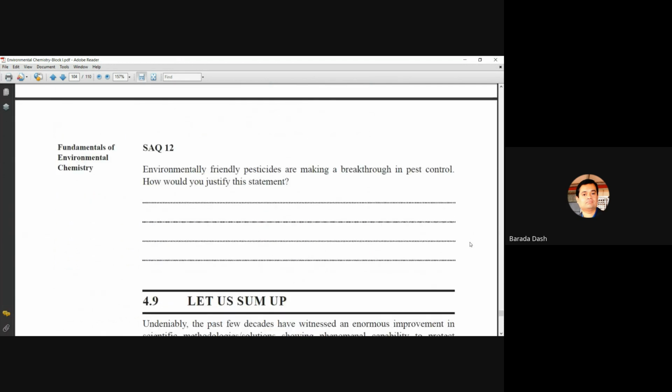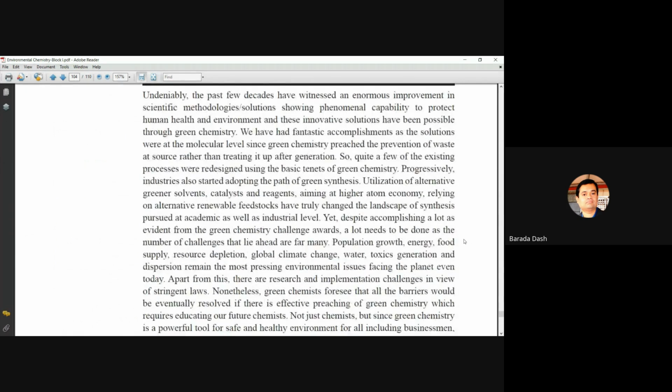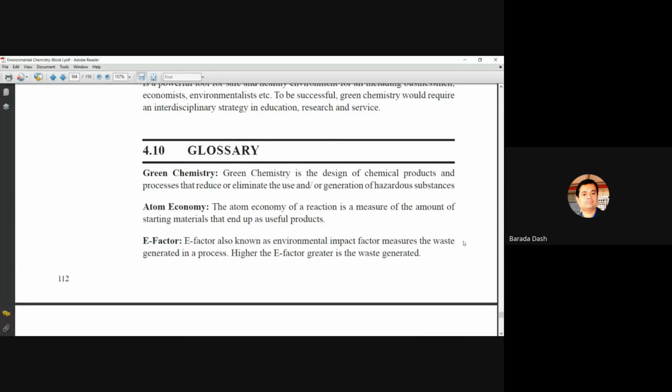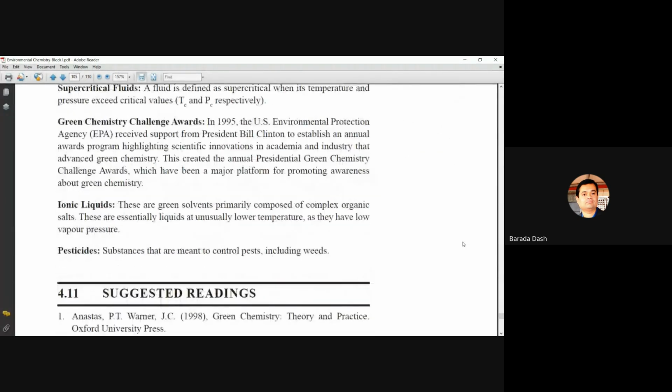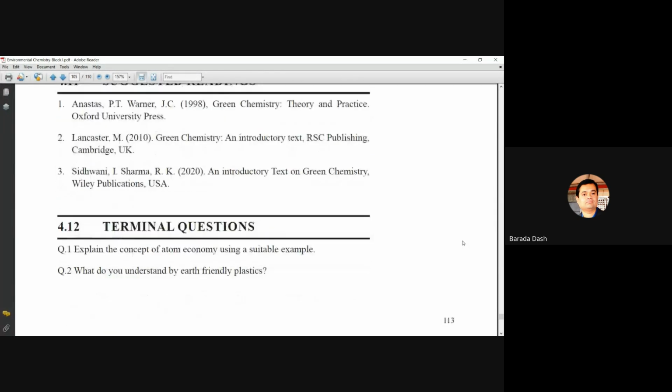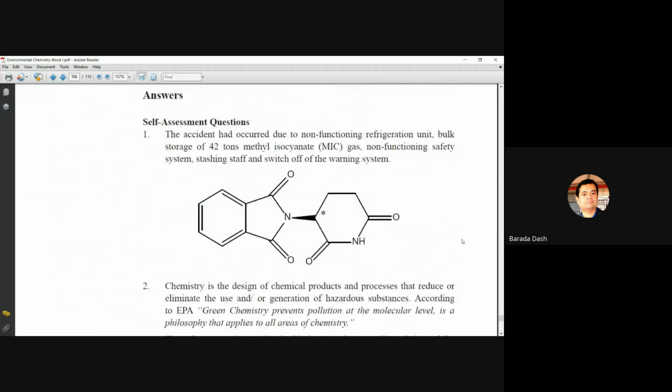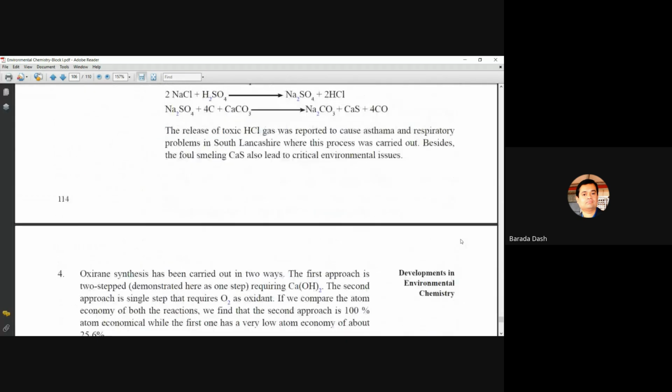All these are biodegradable pesticides which can be used as green pesticides.